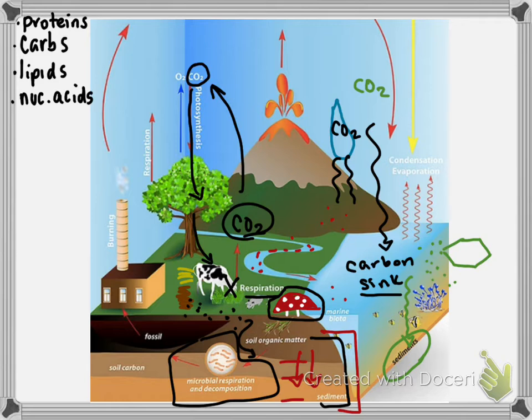And in special cases, when dead plant material builds up faster than it can decay, layers of organic carbon can become this idea of fossil fuels. It can become oil, coal, or natural gas instead of that sedimentary rock. And then we can burn them with combustion, right, in the form of fossil fuels.